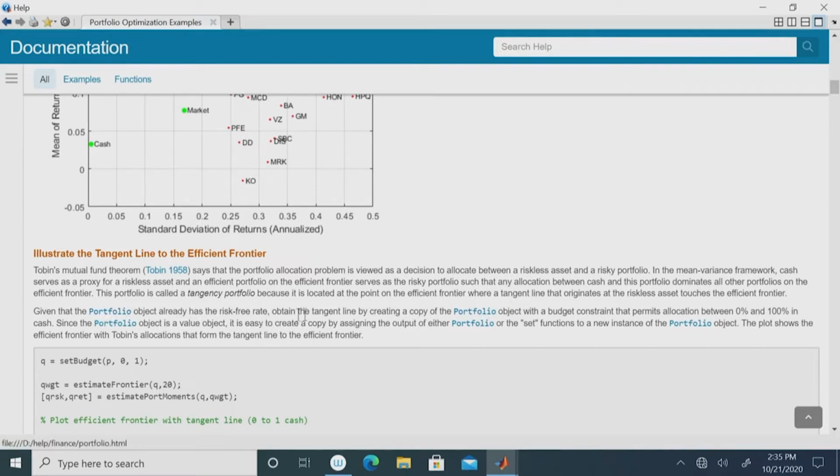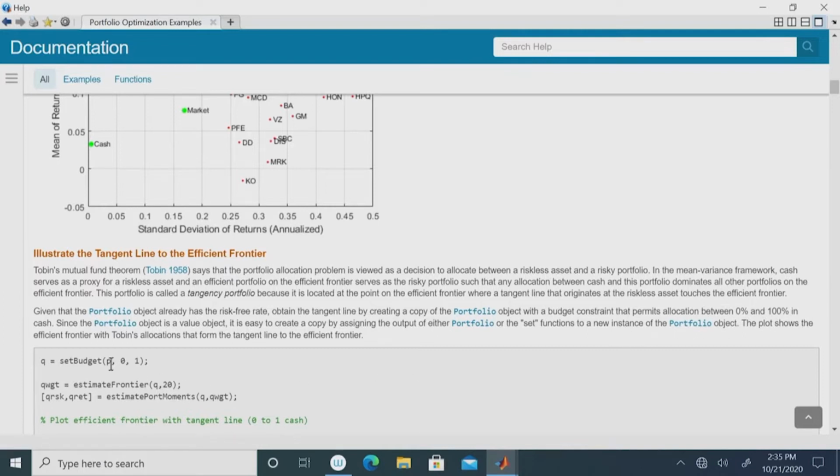So, we can generate the tangent line, and what is the tangent line? The tangent line is a collection of all those points on the mu sigma diagram as you vary your risk free rate from 0% to 100%, that is from 0 to 1.